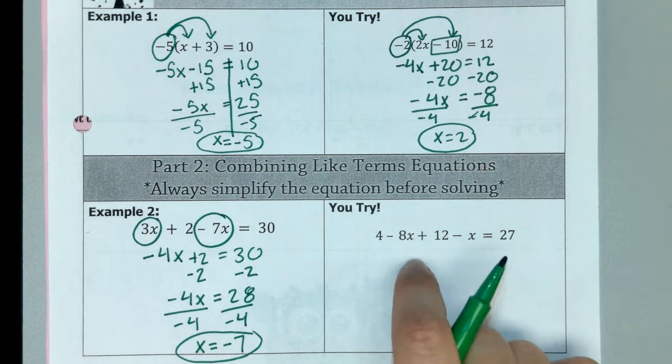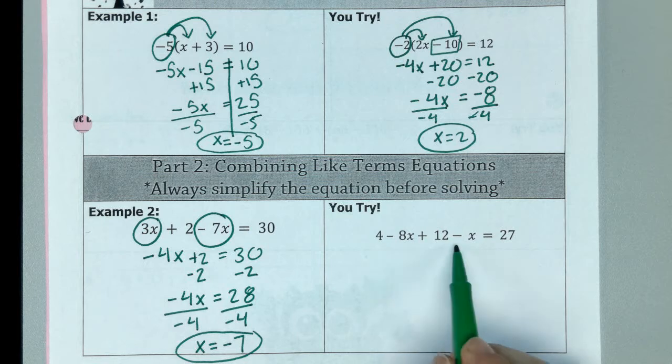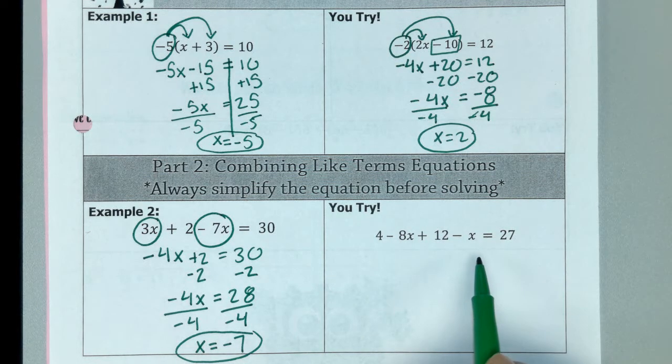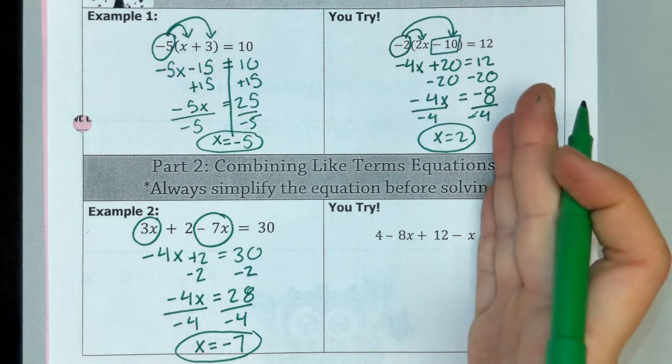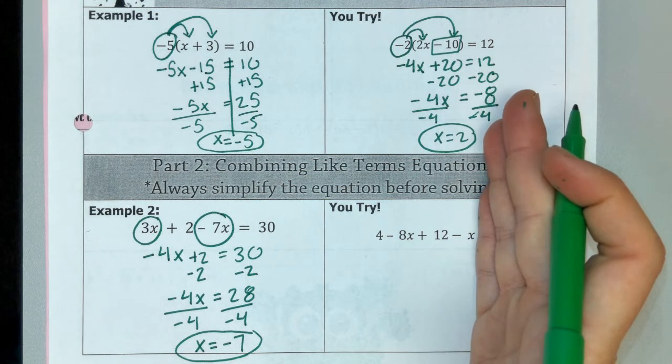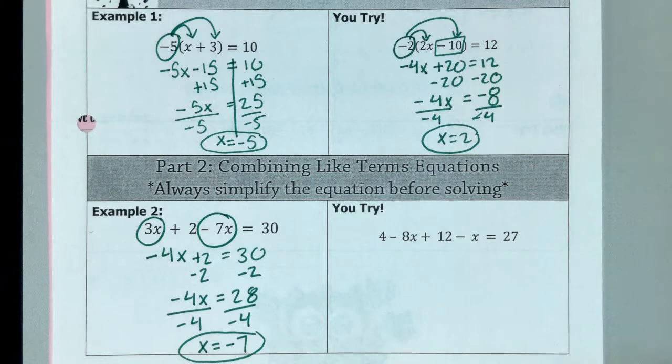On this you-try, you have a negative 8x and a negative 1x to combine. You also need to combine the positive 4 and the positive 12. So just look on the one side of the equal sign and combine those like terms.